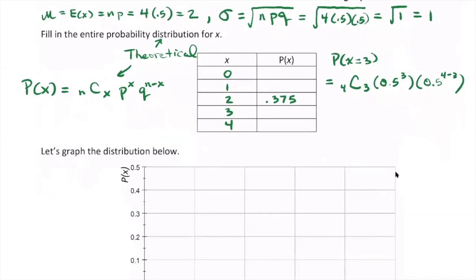Just a real quick comment on n choose x. If you have the TI-36X Pro, you type in the n, then you press the button with the nCr on it.